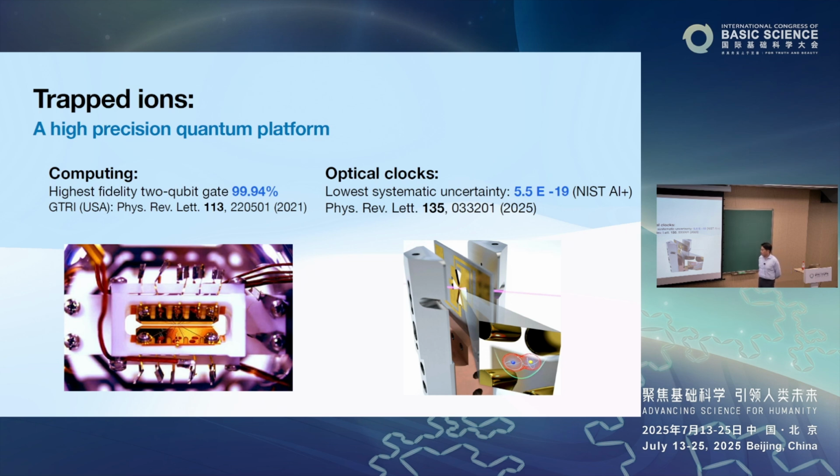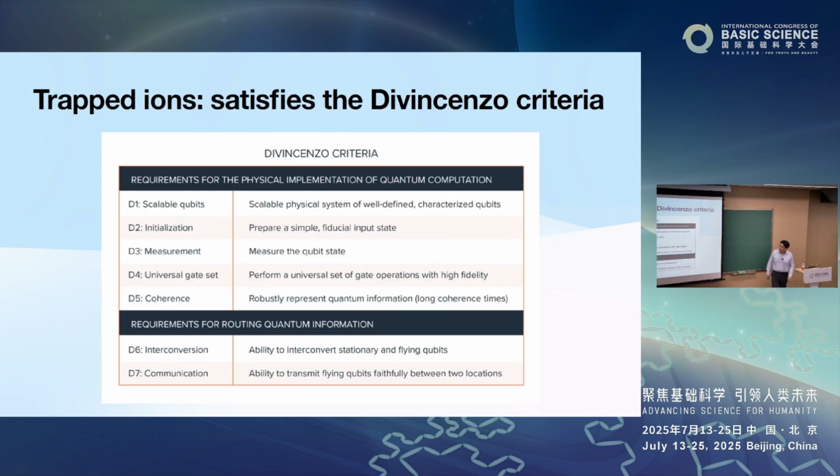They suffer a little bit from the signal-to-noise ratio because you have one and only one ion for interrogating the clocks, but they're the most precise and accurate. It is also a platform that satisfies the DiVincenzo criteria, 5 criteria for quantum computation and 2 criteria for quantum communication.